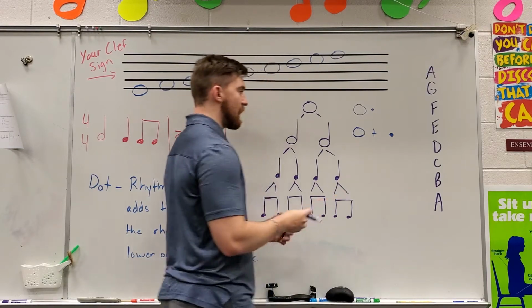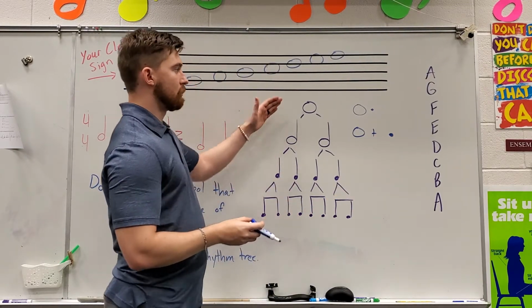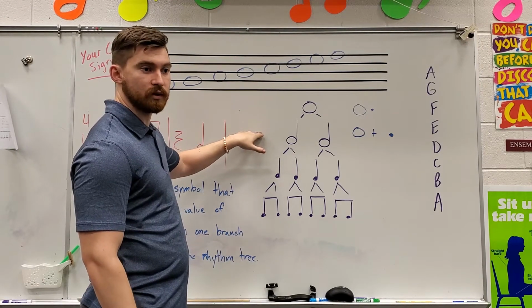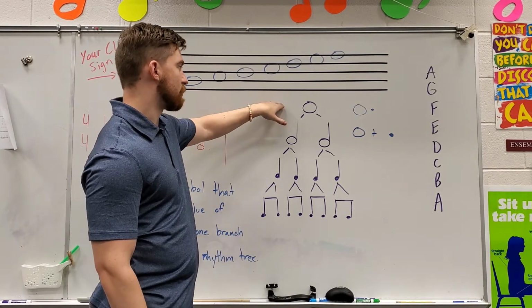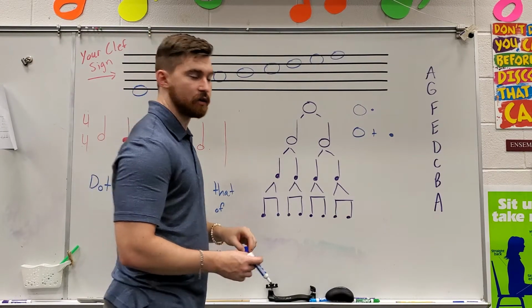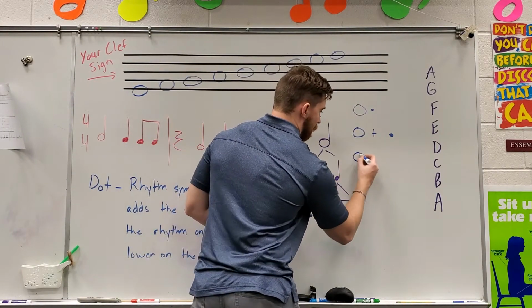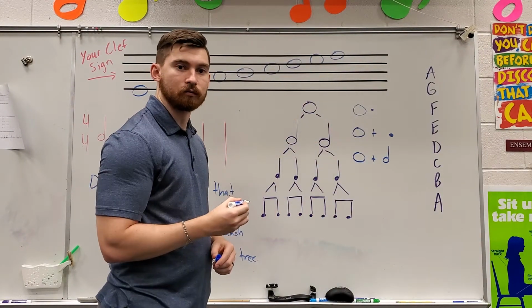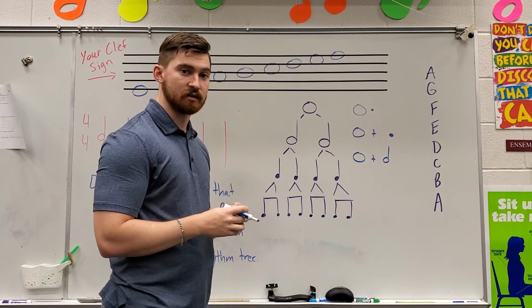But that dot is worth whatever the rhythm is, one branch lower on the rhythm tree, which in this case, going down from a whole note, would be a half note. So really, this is a whole note plus a half note. It's fundamentally what that is.